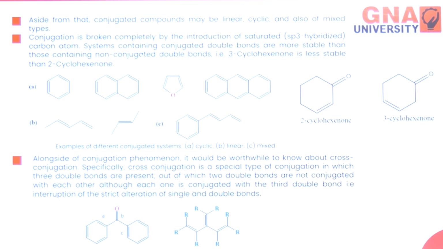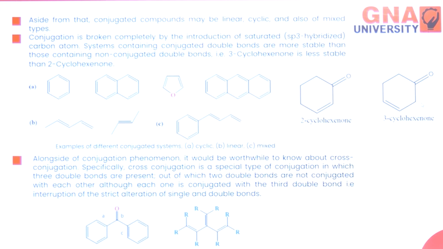In a conjugated system, sp2 hybridized carbon atoms must be there. That is why we can take the example of 2-cyclohexenone and 3-cyclohexenone. 2-cyclohexenone is more stable than 3-cyclohexenone. Why so? Because in 2-cyclohexenone, two double bonds are present in conjugation.